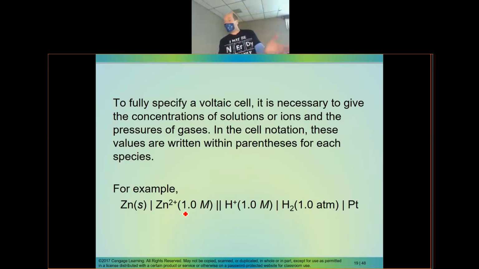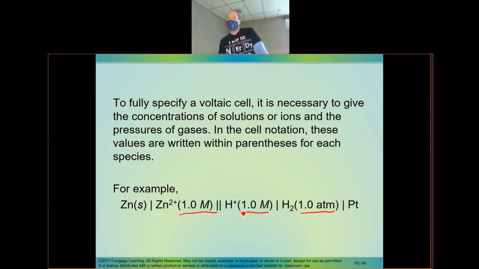So again, if it doesn't give you any concentrations, all concentrations for your ions are 1 molar. Every time you have an ion, it's 1 molar. And note here, they're not balancing the reaction because this would be 2H+ going to H2. And then again, if you have a gas, hydrogen gas, you don't put it in molarity. Gases are put in atmospheres. Your ions in solution are always put in molarity.